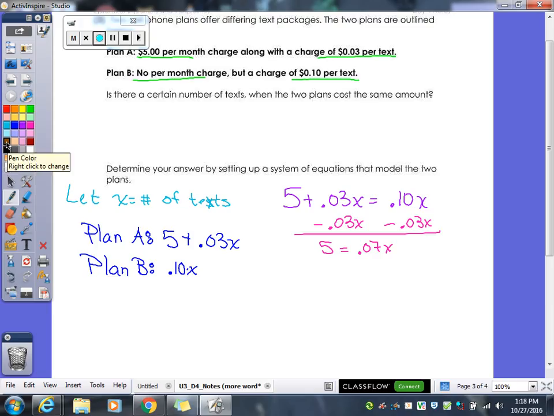So I have 5 equals 0.07x. What do we divide by? 0.07. And what do I get when I do 5 divided by 0.07?